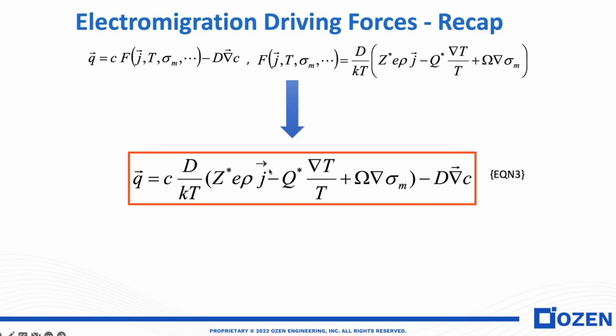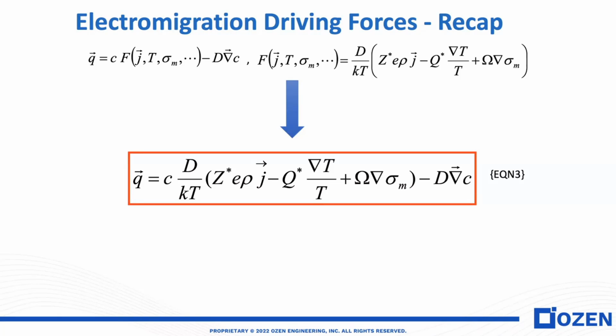As you see here, the Z star is the electron force, Q star is the thermal force, omega is the stress force, and C is the atomic concentration.